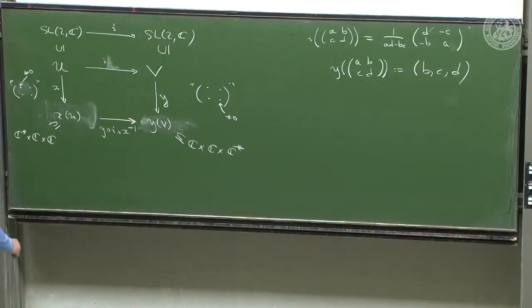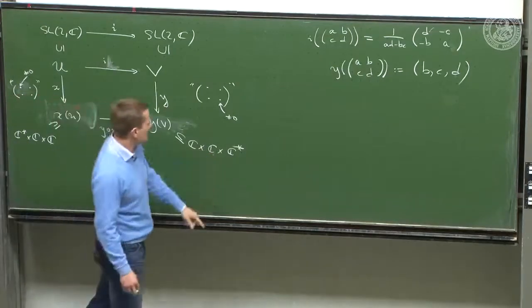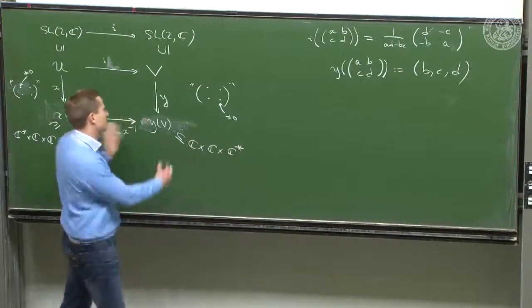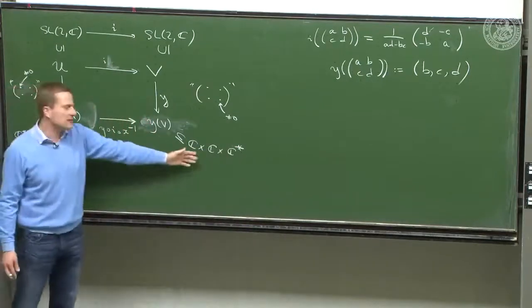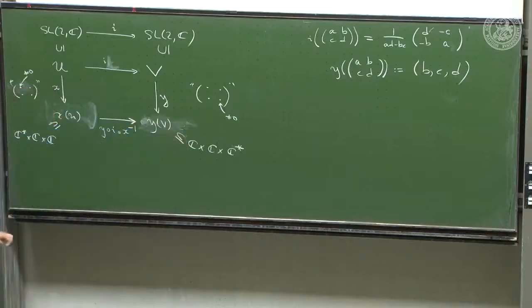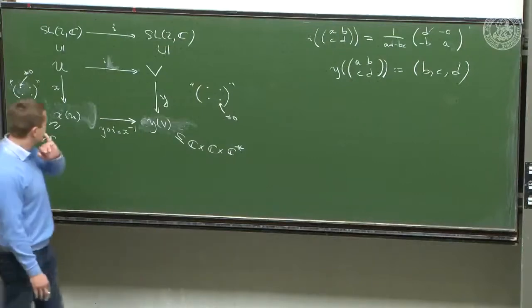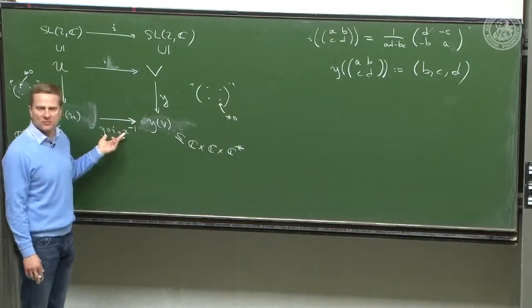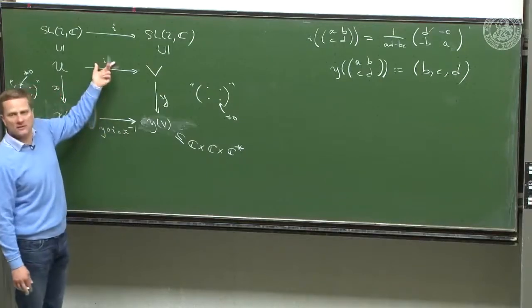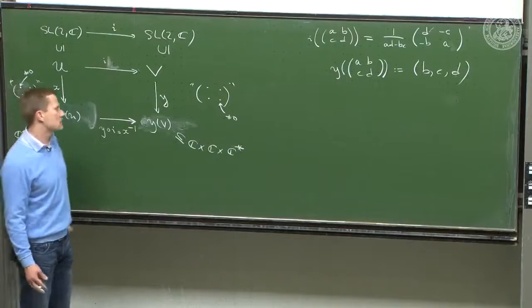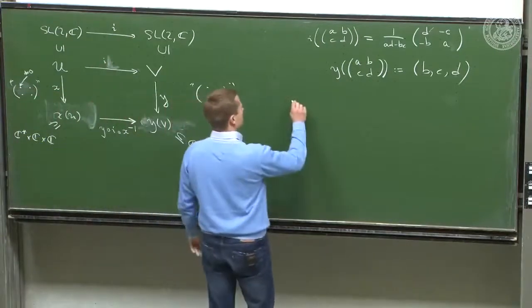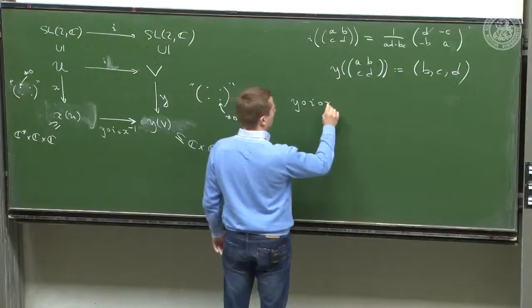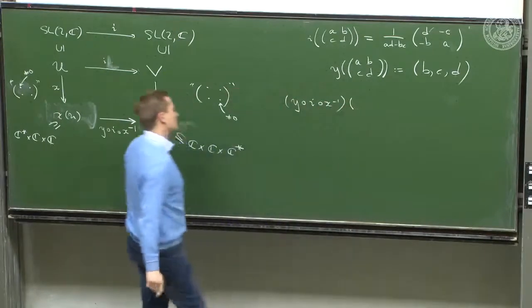And the nice thing is, this guy here is now a map from some open region of this guy to this guy. And of course, I can also forget about the star. It doesn't matter. It's a map from some region of C3 to some region of C3, and I can ask with standard analysis techniques whether this map is differentiable. And then I call this map up here differentiable. Okay, so let's do this. Let's construct this map. So let's look at Y after I after X inverse. What does this eat for breakfast?